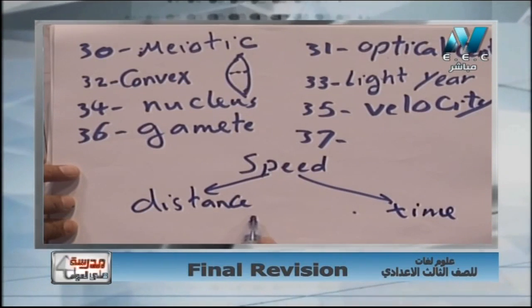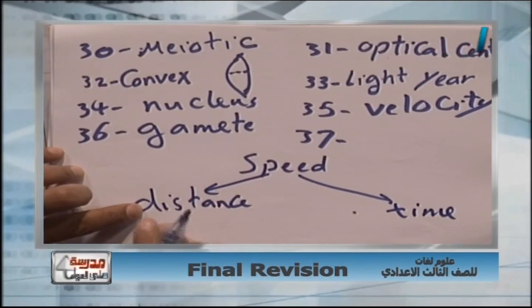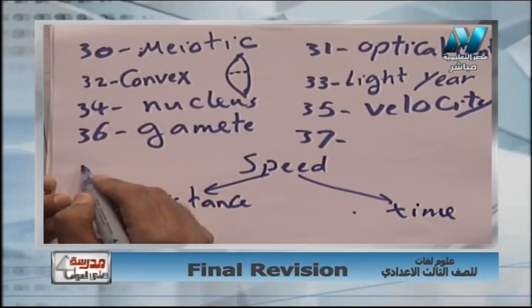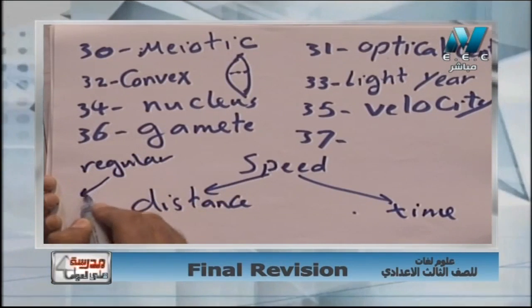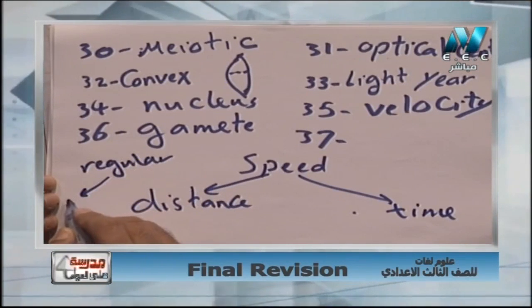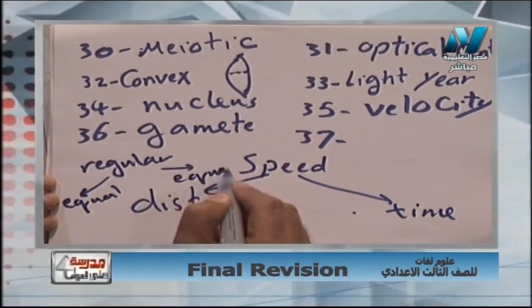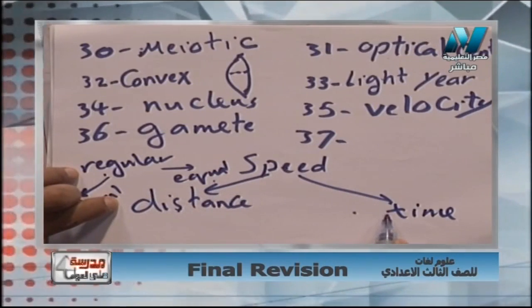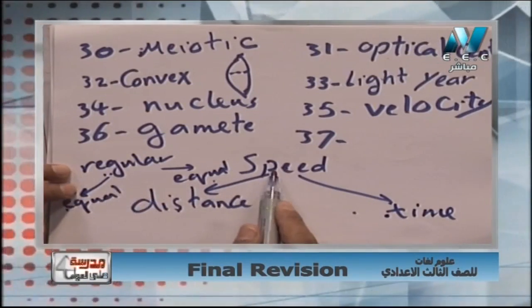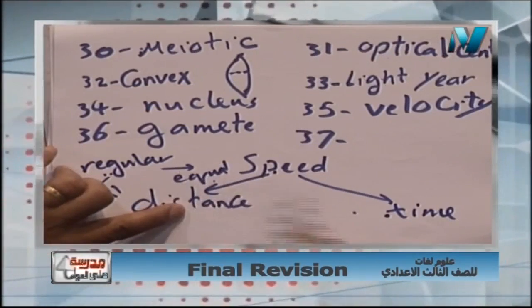So when he says distance and time, it's speed. But what's meant by regular? Regular means equal. So regular speed means the body covers equal distances in equal periods of time.